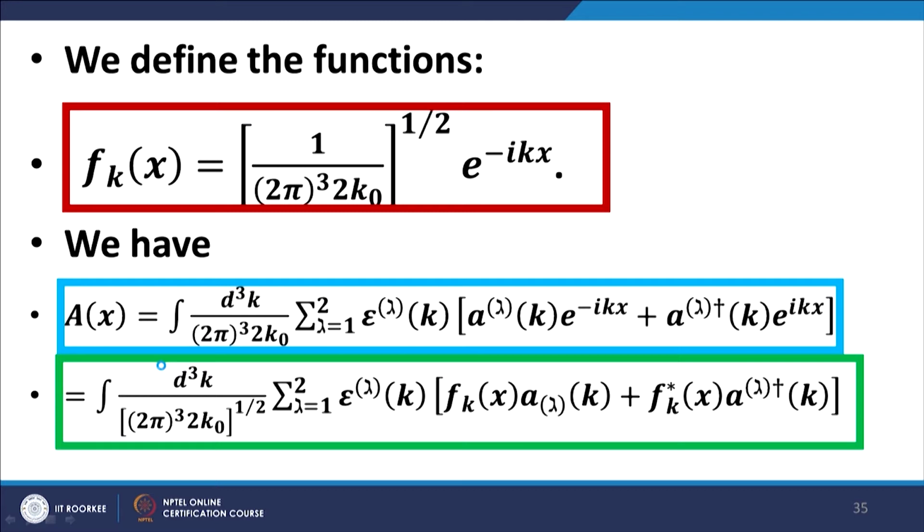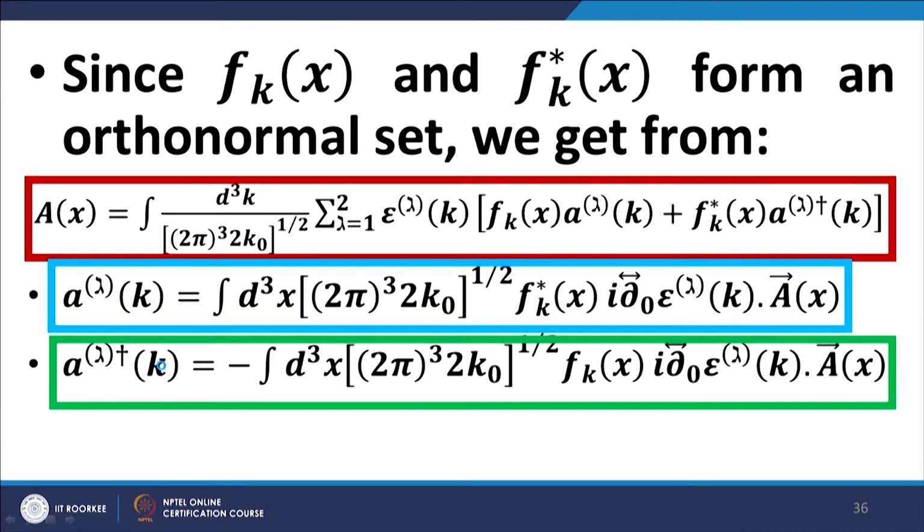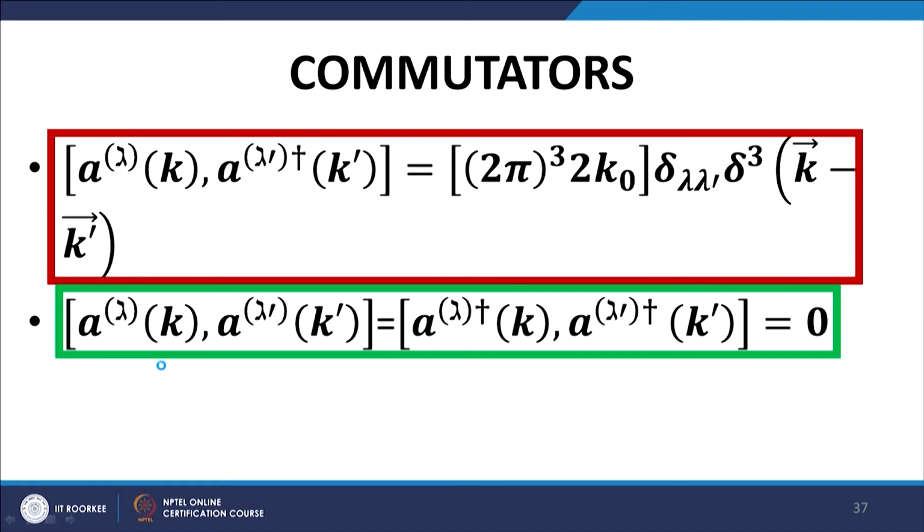Because these functions f kx, which are there in the red box here, are orthonormal, we can recover straight away the expressions for the creation and annihilation operators, as given in the blue box and the green box at the bottom of the slide. And the commutators between the creation and annihilation operators can be easily worked out as straightforward and are given in this slide.